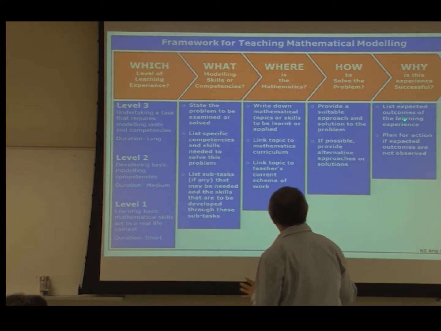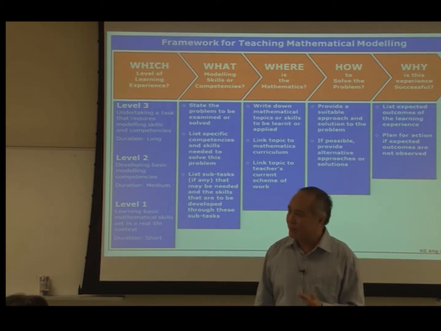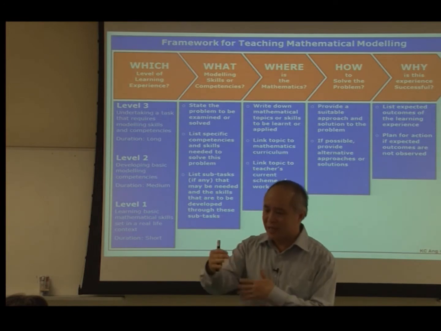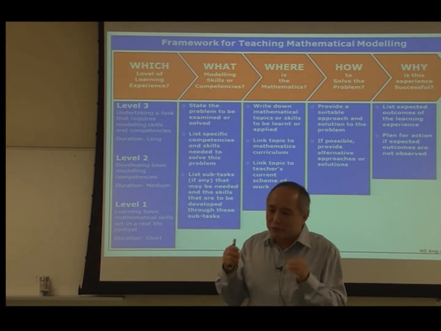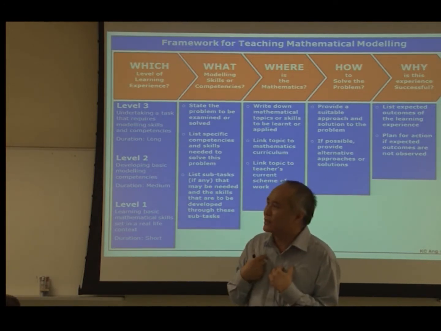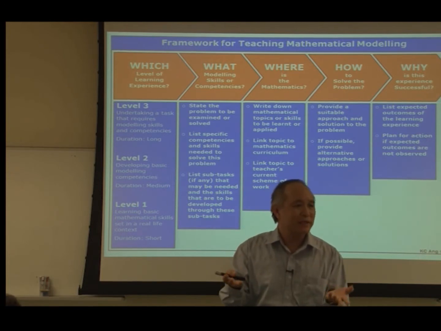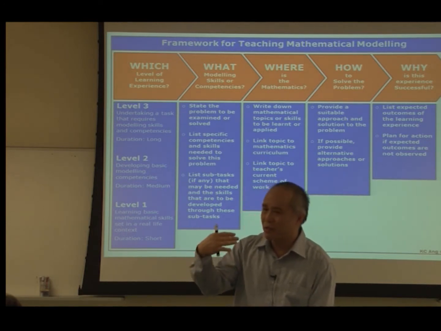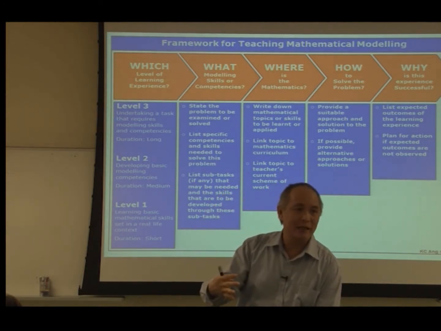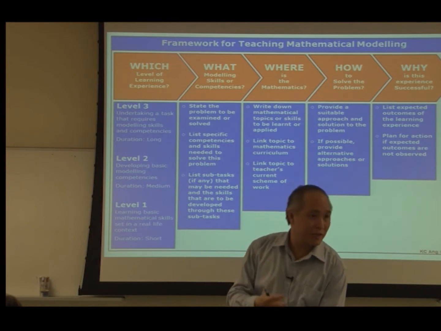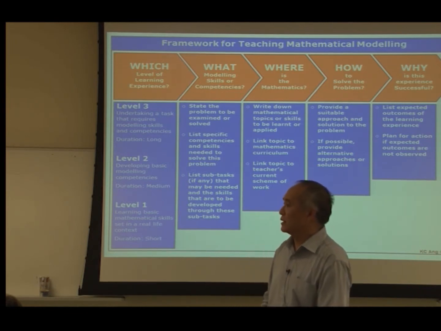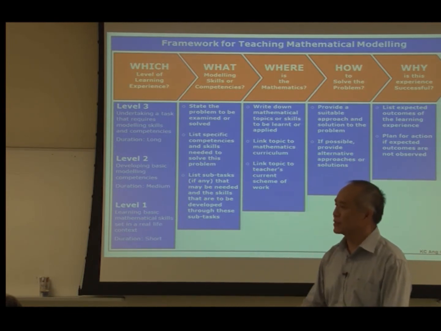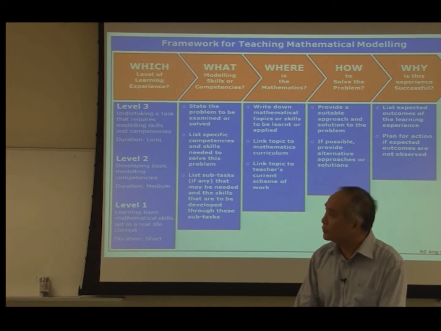Okay, in this case, suppose you have a set of outcomes, and you can ask yourself this question, why is this modeling activity a successful one? Then you can measure what you see in the classroom against the expected outcomes, to answer your own question whether it's successful and why it is successful.